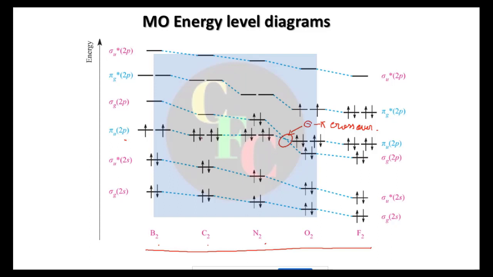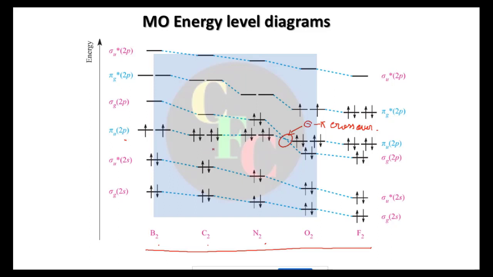Now you see, if you do not know this and you have just drawn the same molecular orbital of oxygen and fluorine for carbon, carbon would have been paramagnetic.